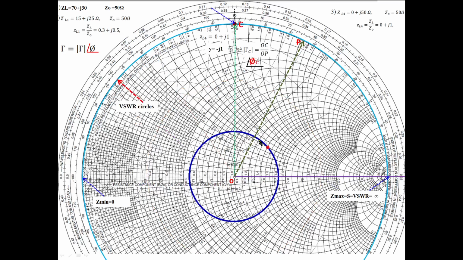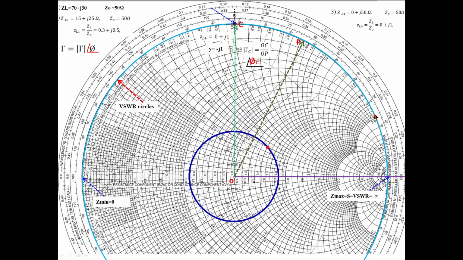Another example. This is one more example, with some reactive load. We studied this marking already. What is the value of Z maximum and VSWR? You move over this circle, this is the VSWR circle, from the load in the clockwise direction like this.